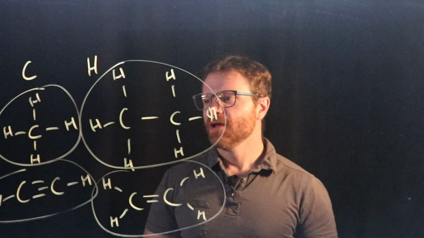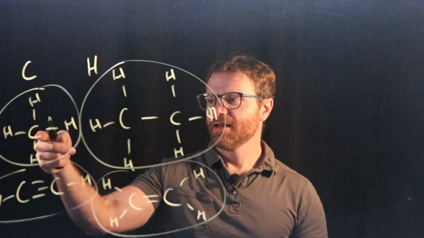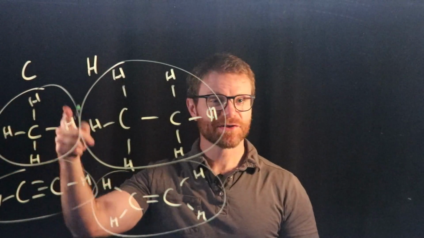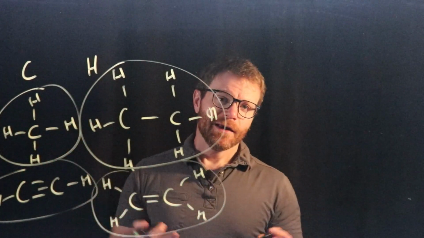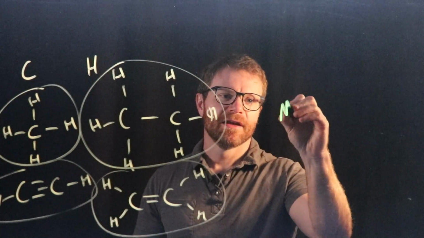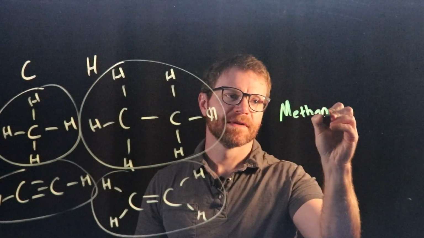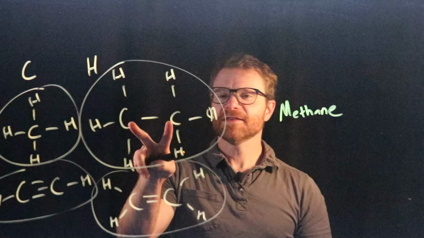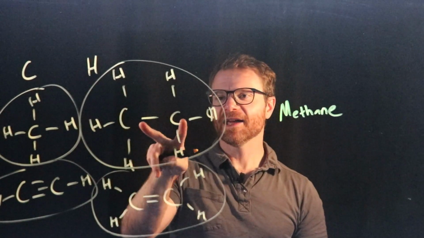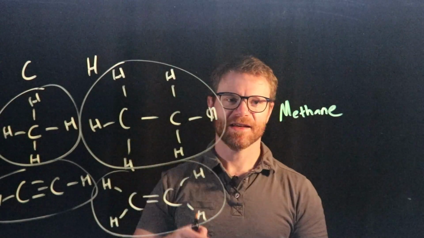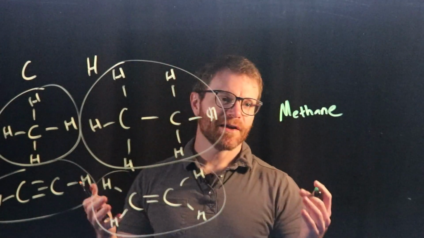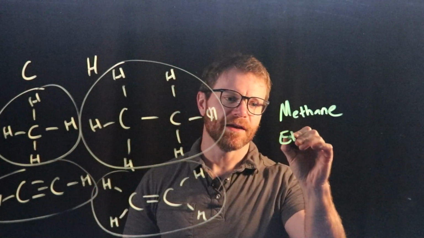Earlier in this video, you heard me call this carbon tetrahydride, 1 carbon, 4 hydrogens. In reality, we actually call it methane. This, you heard me call dicarbon hexahydride, 2 carbons, hexa, 6 hydrogens. In reality, we call that ethane.